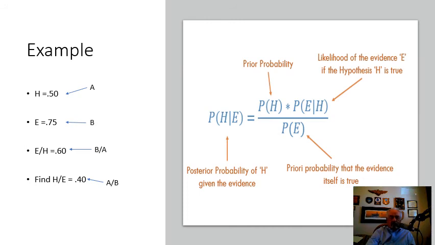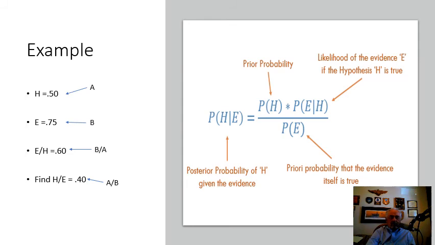And here on the left-hand side of the screen, you can see some of the examples that we might utilize when we are plugging in numbers into the mathematical theorem. Here we can plug in, let's say H is 50-50 chance of it being true, 0.50.